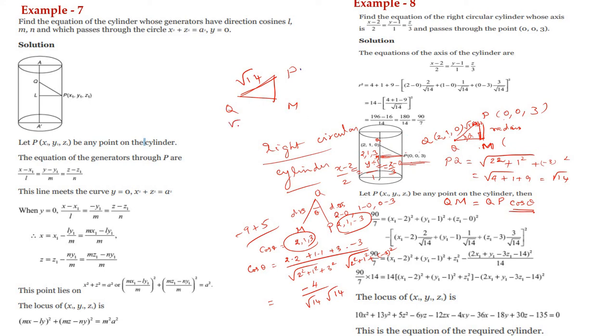So this is root 14 into minus 4 by root 14 into root 14. One root 14 can be cancelled, so we have minus 4 by square root of 14. So R will be the square root of root 14 square minus (4 by root 14) square. On simplification, we get 14 minus 16 by 14.